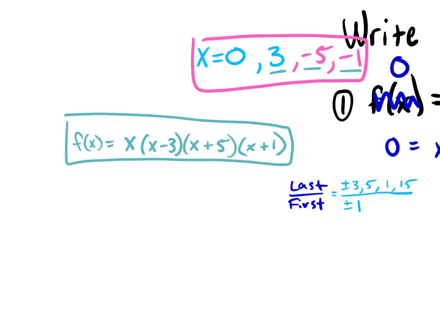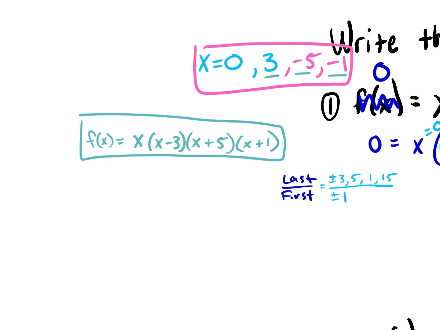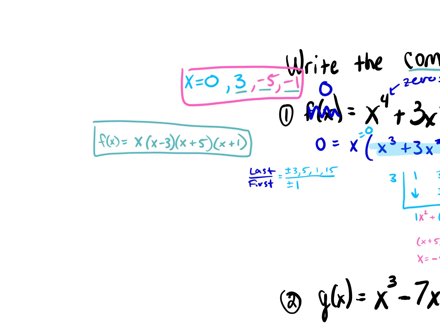Now we don't have any i's, and we don't have any square roots. We don't need to worry about it being irreducible over the reals or rationals. This is just our complete factorization. So WebAssign is going to ask you for these 2 things on some of the questions. It'll ask you for the zeros. It'll ask you for the complete factorization. Just make sure you read the directions. Any questions here?